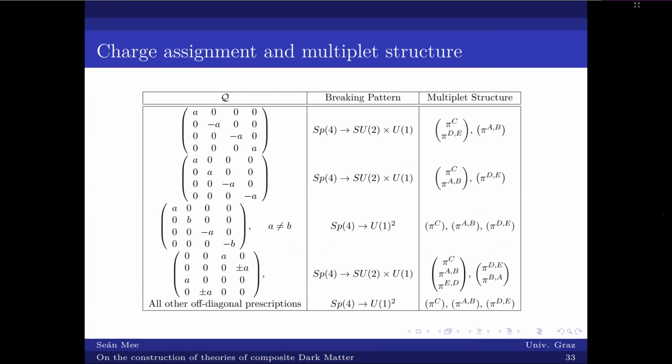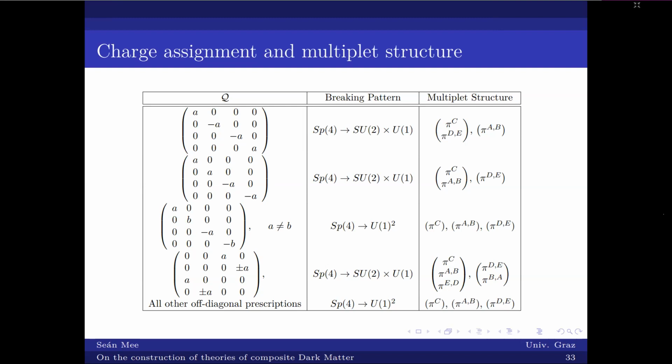But interestingly, there are charge assignments which preserve this non-trivial part of the flavour symmetry. And here we actually have a multiplet structure where everything is protected, right? If you like, you can see this as having 2 guys which are protected by their U1 charge, and 3 guys which are protected because they transform in the adjoint of the SU2, right?